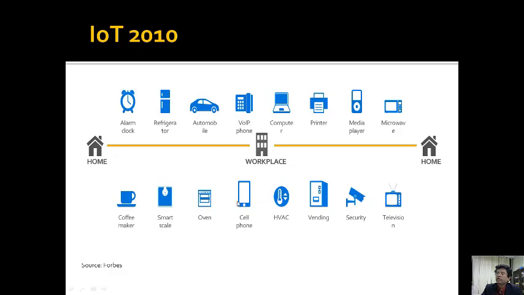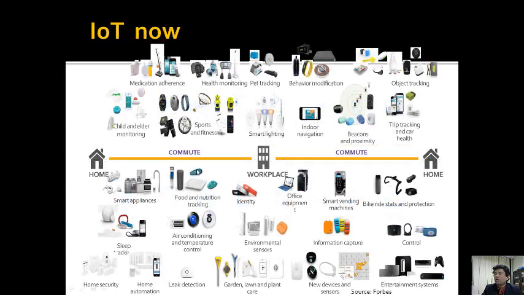In 2010, we had only very few devices connected to the net, like a smart fridge or an automobile with some sensors, or as we commute from home to workplace or workplace to home, we were able to control some devices. But if you look at now, a lot more devices or applications are in the market, as well as new ones on the way.